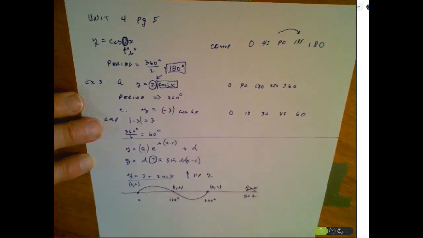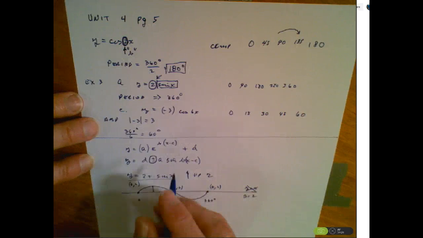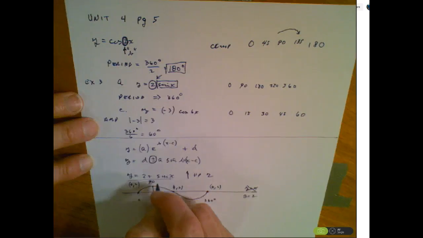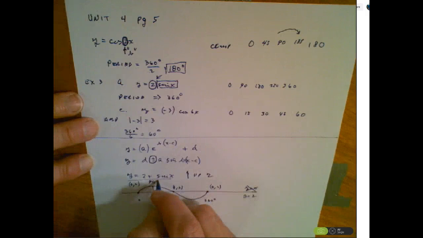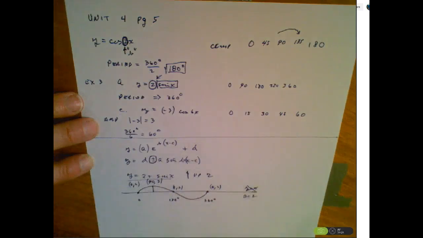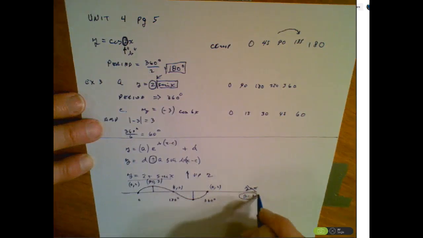Now let's think of what we had before. We had an amplitude of 1. So if this is y is equal to 2, and we go up 1, we should then see that this is the point 90 degrees, and then if we go up 1 from 2, this is the point 90 degrees, 3. And what happens when we went down 1? Well, we're subtracting 1 from the 2, so we take our amplitude and subtract it from our midline.